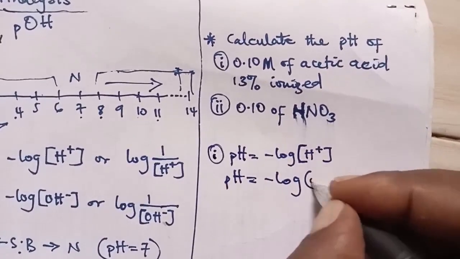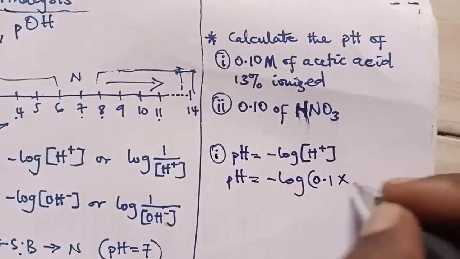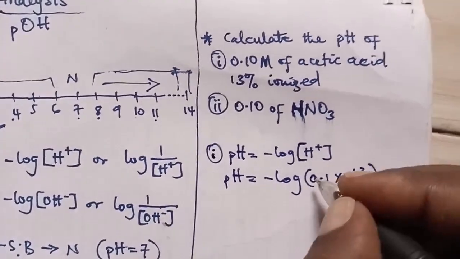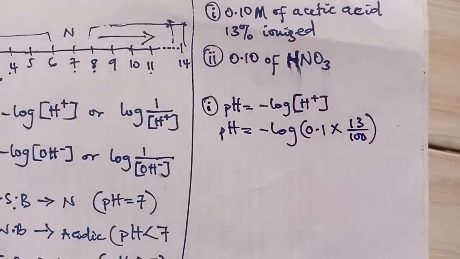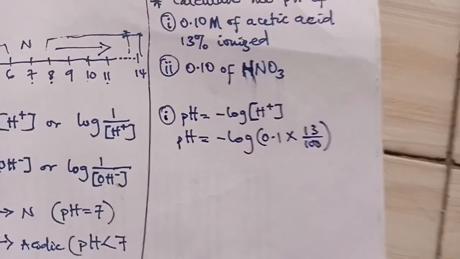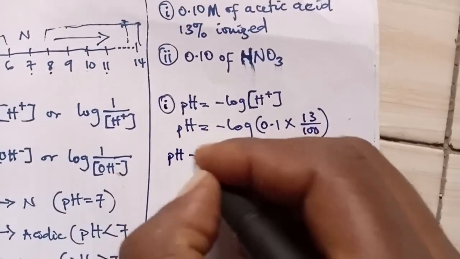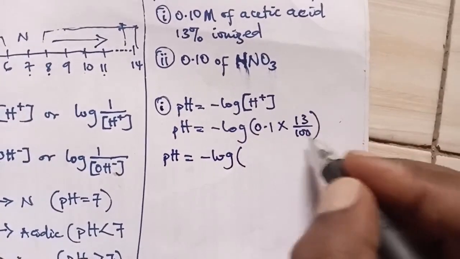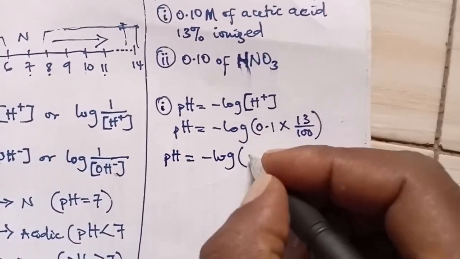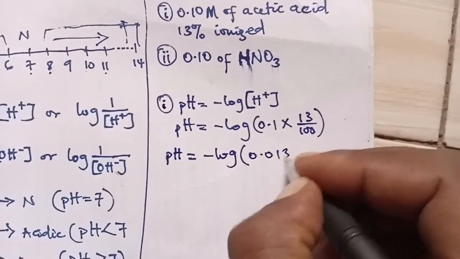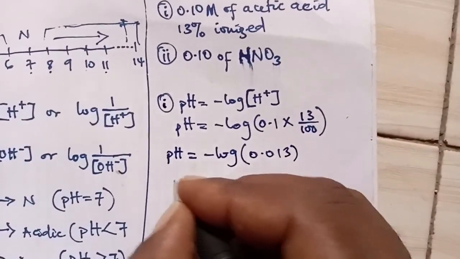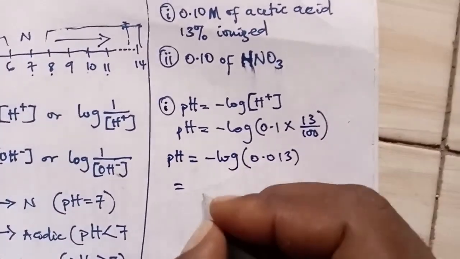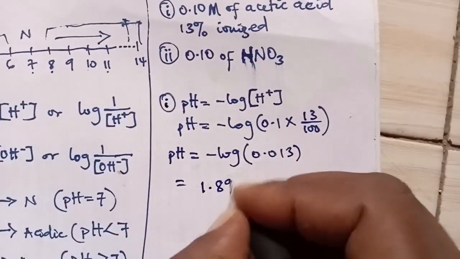So we say 0.1 times 13%. 13% is simply 13 over 100, which is 0.13. So we now have that pH is equal to negative log of 0.13 times 0.1, which will give us 0.013. So we will now have negative log of this, which will give us 1.89.